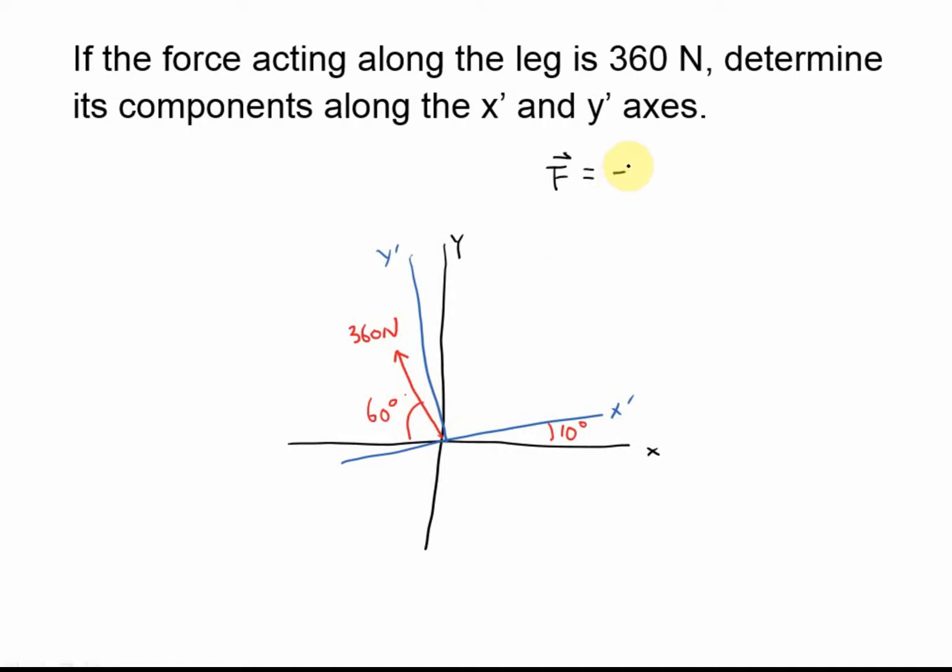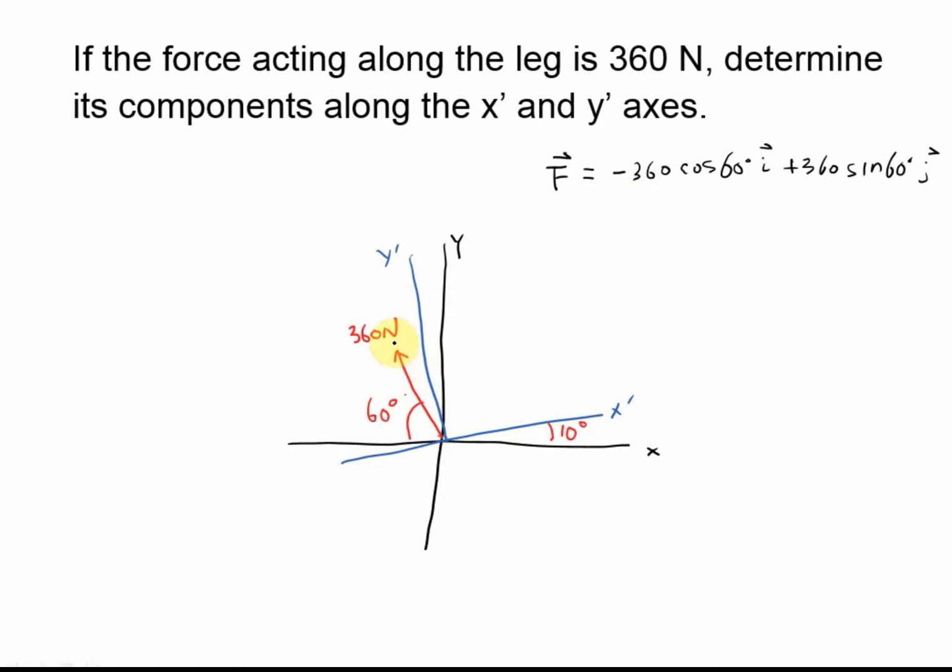My F vector should be negative 360 cosine 60 i, because if I break this vector along this x, the black line, it should be cosine 60 and negative, plus 360 sine 60 j. Okay, my i and j are the unit vectors of my coordinate system.